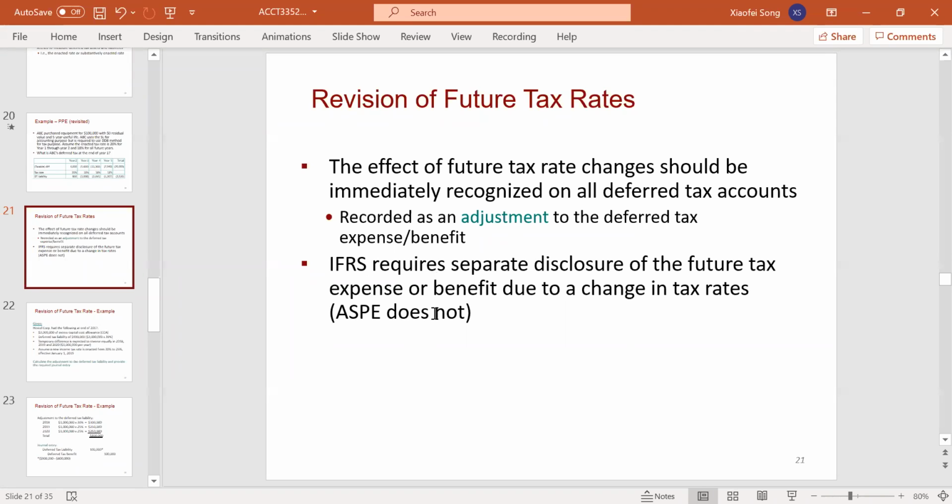this little bit of disclosure, I think when you do the CPA exam, they focus more on recognition and measurement. They rarely have questions focused on disclosure. This part has nothing to do with recognition or measurement, but it has to do with presentation and disclosure. For IFRS, all deferred tax is non-current.